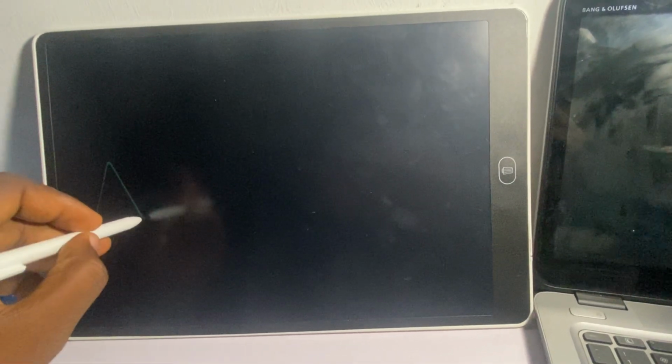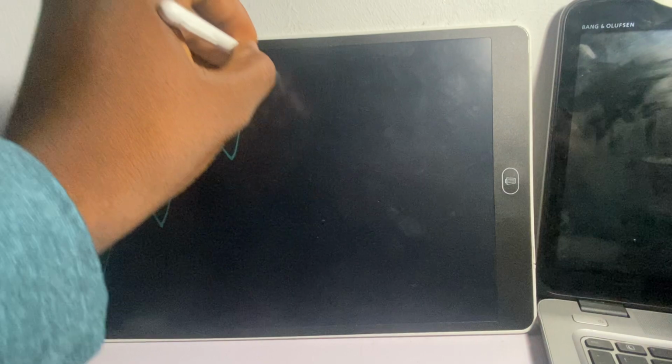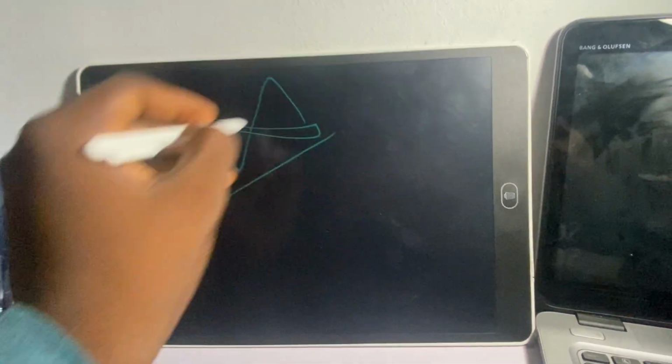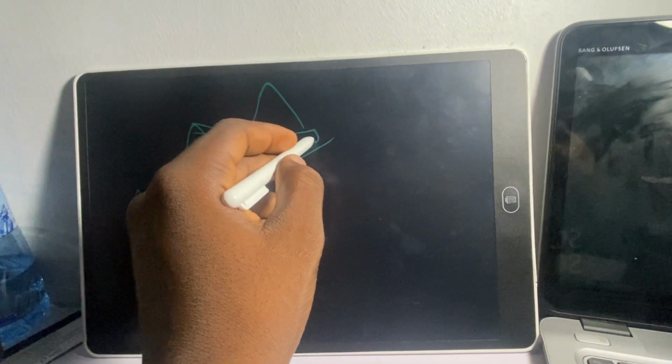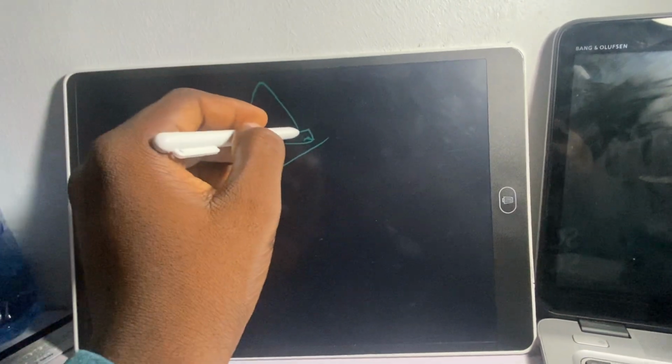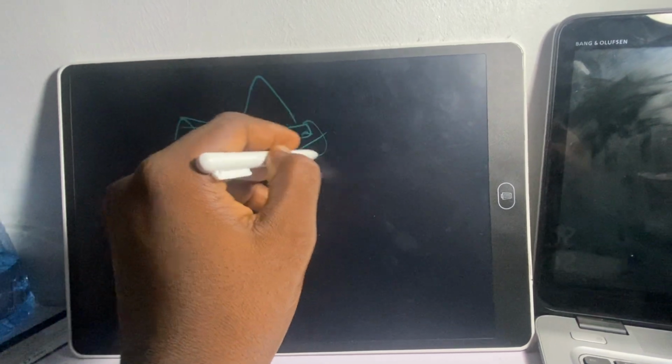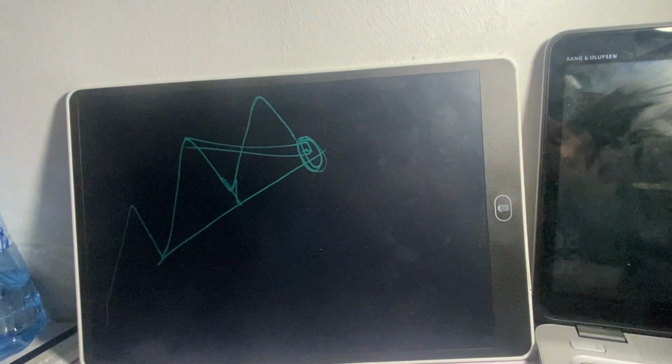For example, now let me give this example firstly on a trending market. If you have a trending market in this form, if the market is coming to you this way and you have your third touch here, you are expecting the engulfing pattern to show on this zone.